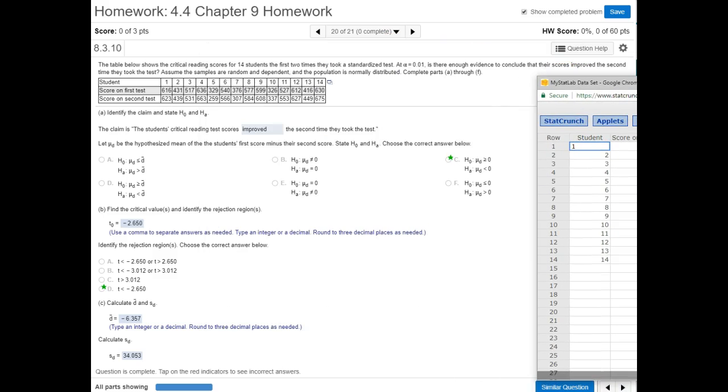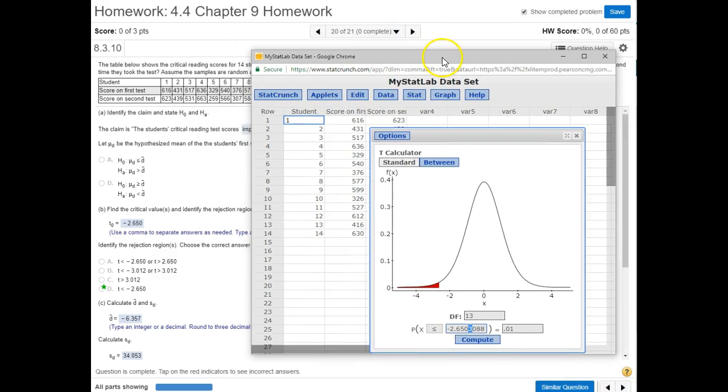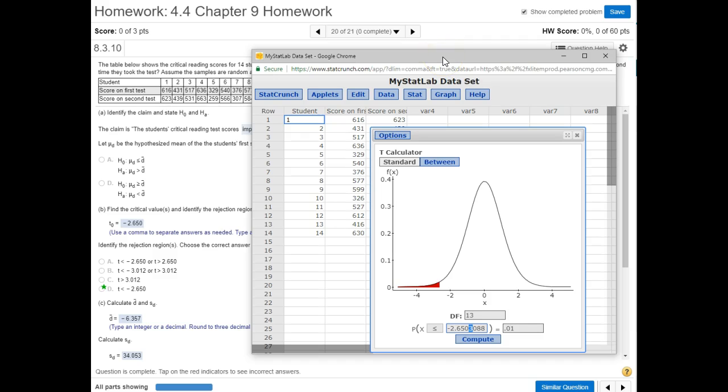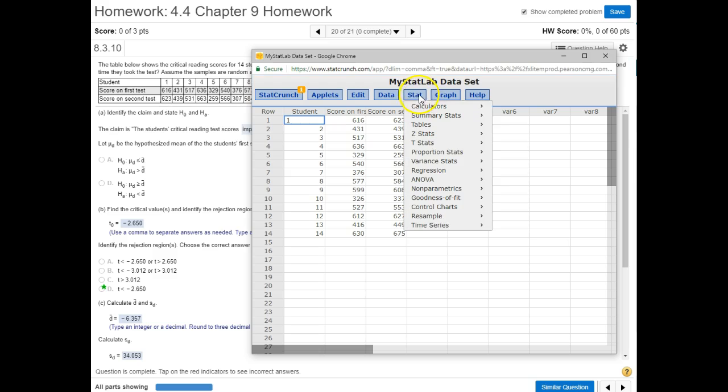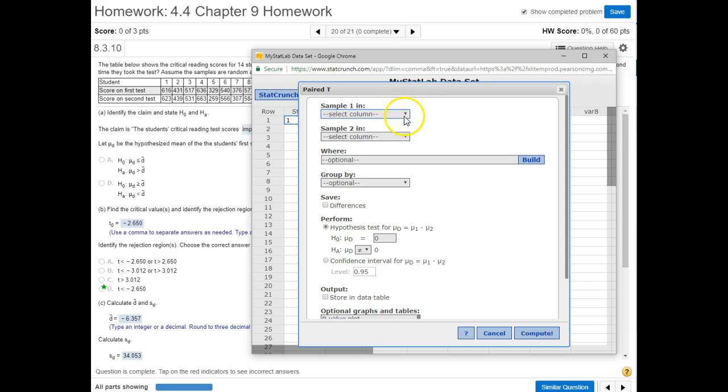And the calculated d-bar and s sub d, that we'll need to do by actually doing a hypothesis test. So we want to do a t-stat, but we want paired because we have paired data. Sample 1, first test score.